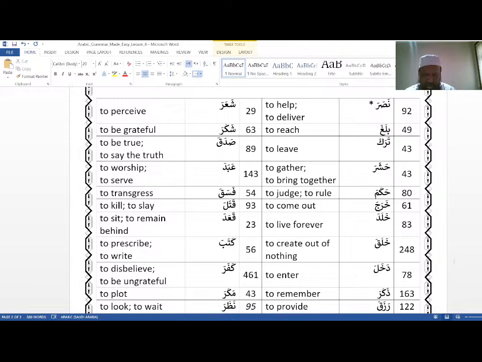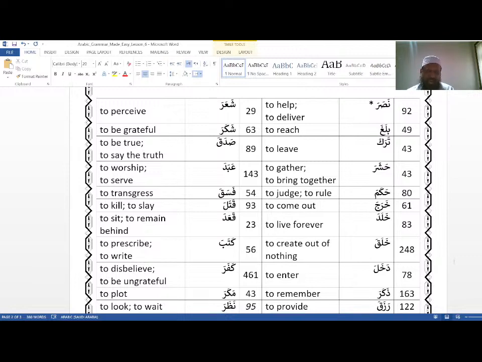So dhakaru. For muannas ghaib, we need the ta sakin, so dhakarat. For muthanna, we need the ta alif, dhakarata. For jama muannas, we need the noon niswa, and the last letter of the fail will be sakin. So dhakarna.